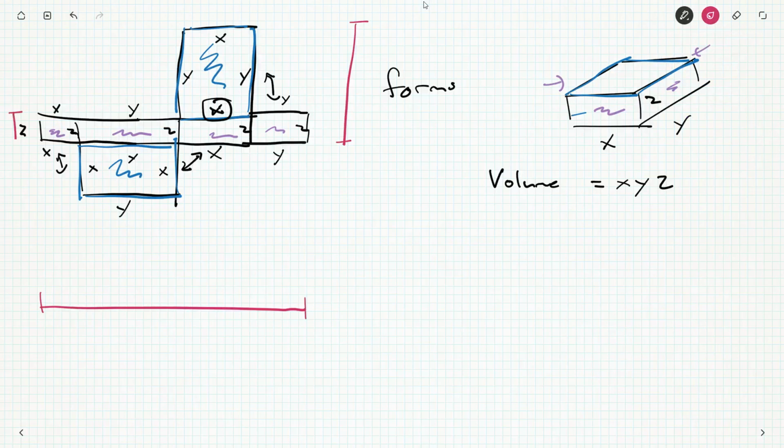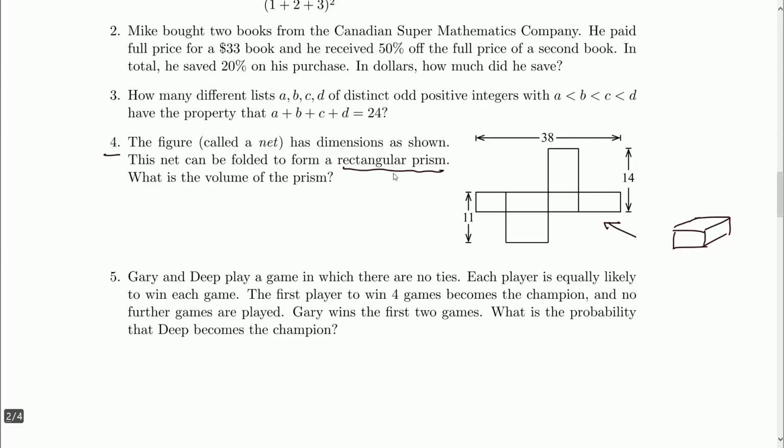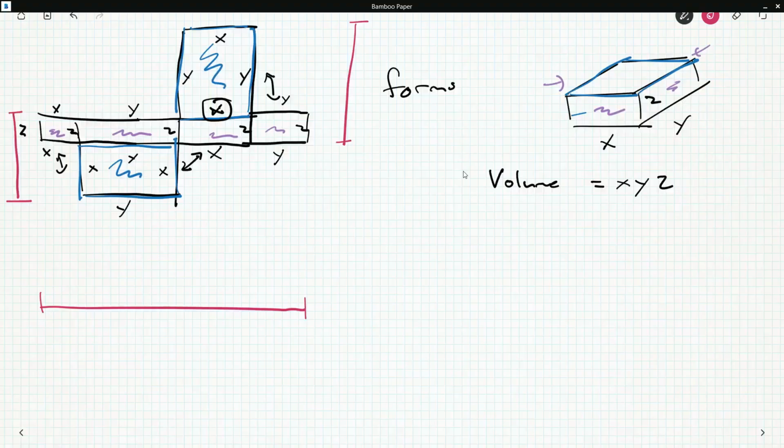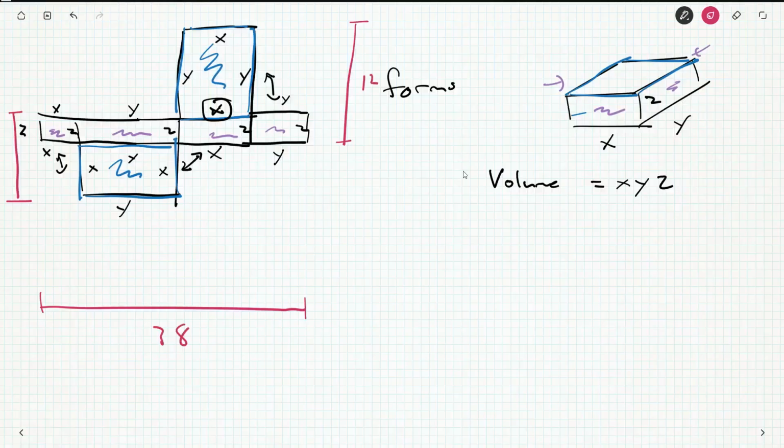And because we now have things labeled, we can understand and put formulas to these lengths. So we have 14, 11, 38. So we have 38, we have 14 over here, and 11. But now that we have it labeled, we know this 11 is a z plus an x.